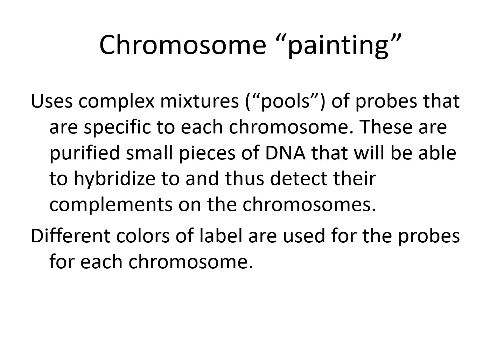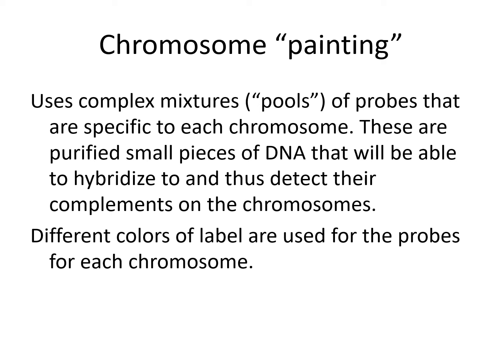Okay, a more sophisticated type of application is something called chromosome painting, which I think is absolutely astonishing. What is used is complex probes, or complex mixtures of probes, that are specific to each chromosome. Remember, we do know what sequence comes from where now, so it's a simple matter to identify which sequences will match any particular chromosome and mix different mixtures, one for each of the chromosomes we're going to be trying to see.